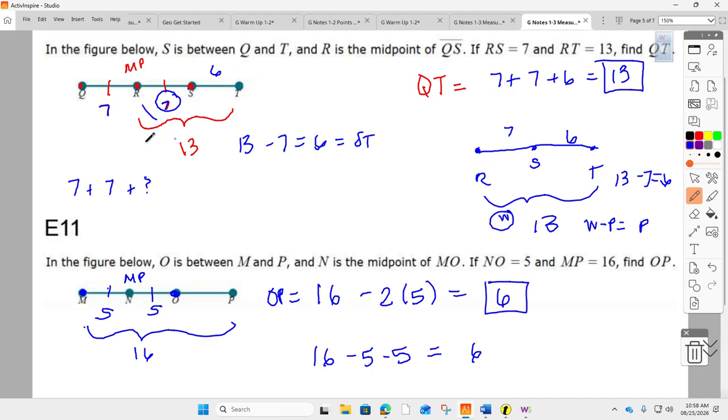So we're just looking at this part of our segment now. So if this part is 13, and part of that is 7, now we know 13 minus 7 gives us the third part of 6. Right? So now we know it's 7 plus 7, and the third part we didn't know is 6. So the length of this whole segment is equal to the sum of its parts. Okay? Cool.